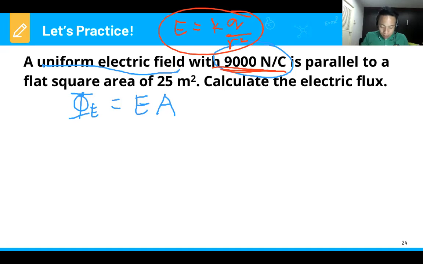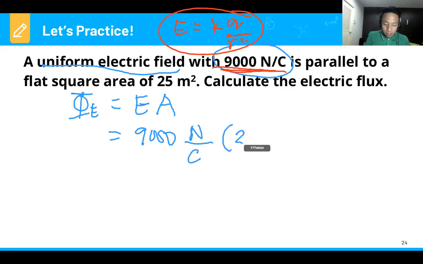So, what we will do is just copy that one. For E, we have 9,000 Newton per coulomb, multiplied by our area, 25 meter squared. Right? It seems complicated, but the solving is actually easy.